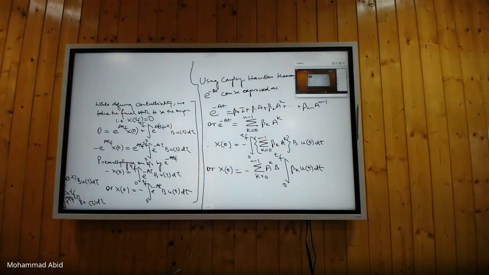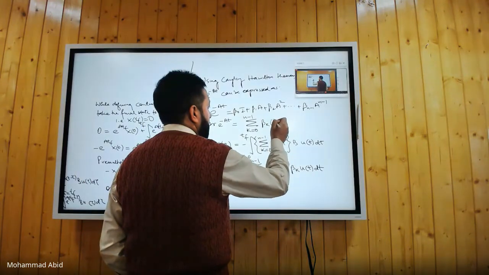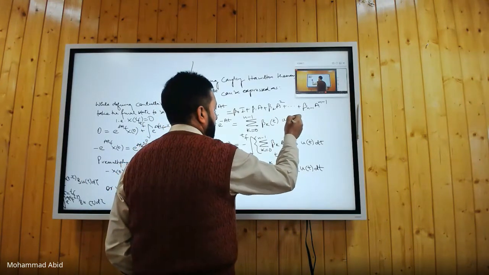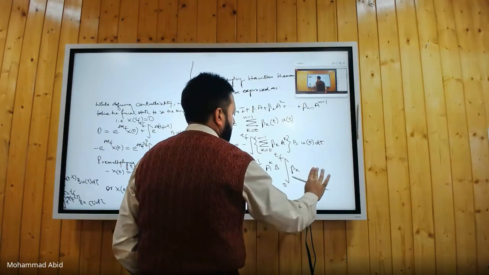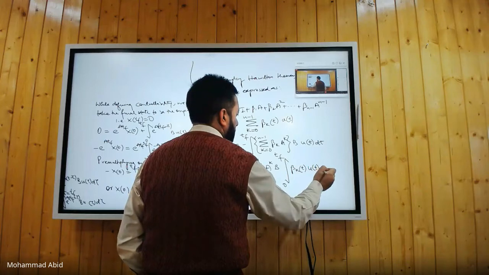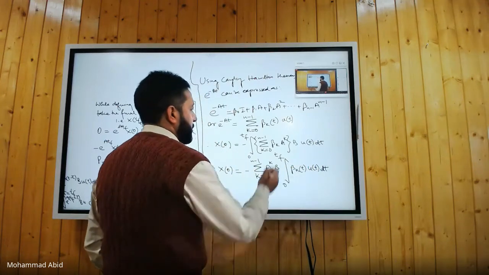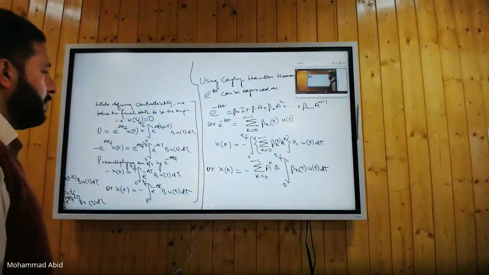Beta k is a scalar, it can be moved here and there. You have to remember that beta k is also a function of time, so here also I will write it as a function.